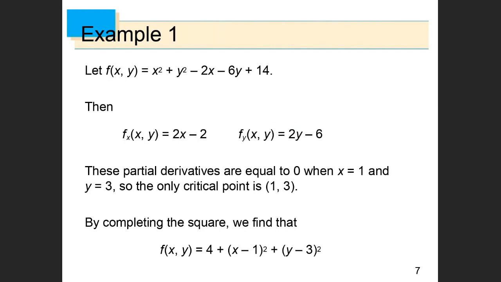Okay. So let's take this beautiful example where you have x squared plus y squared minus 2x minus 6y plus 14. If you differentiate with respect to x, you get 2x minus 2. And if you differentiate with respect to y, you have 2y minus 6. So if you apply Fermat's theorem, you have 2x minus 2 equals 0, so x equals how much?